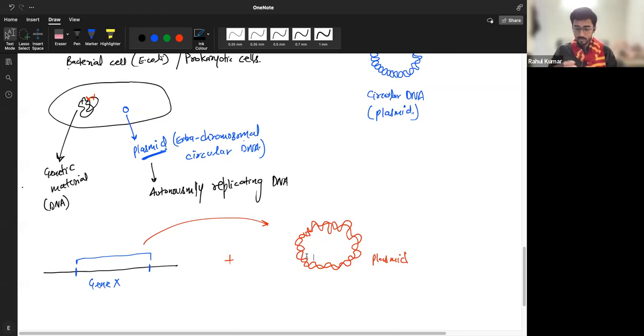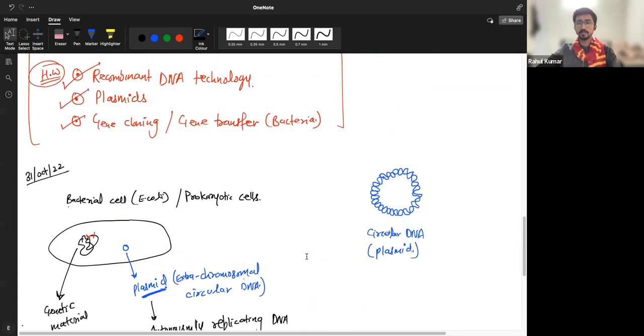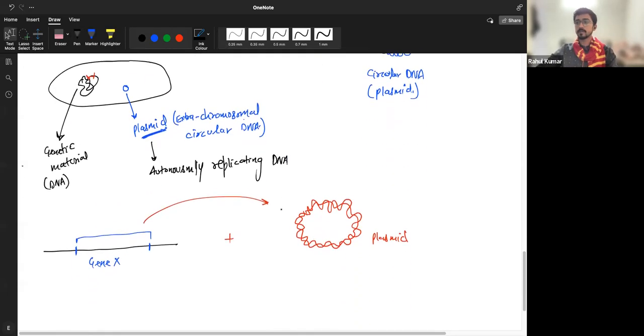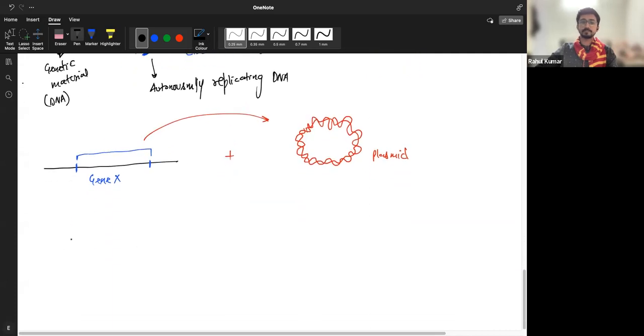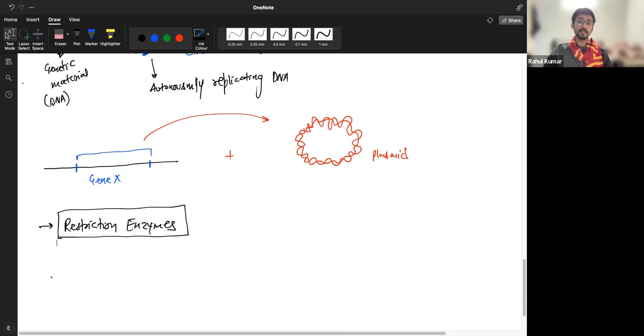And to do that, now let's come to the word that Atif introduced. And what was the word, Atif? So how will you do that? We use, you said restriction enzymes, right? We use restriction enzymes to cut open DNA, any DNA.